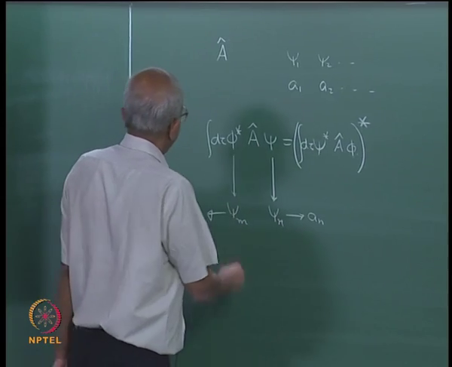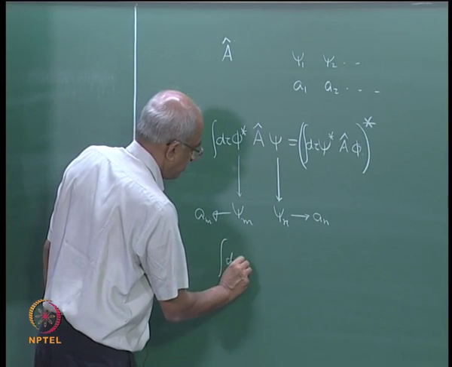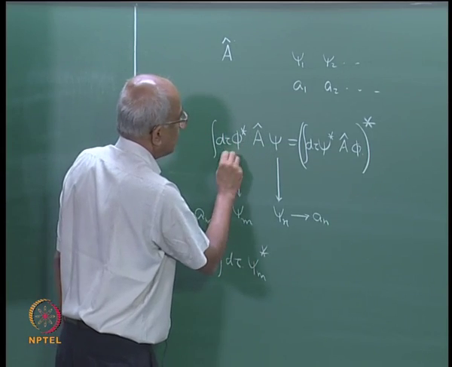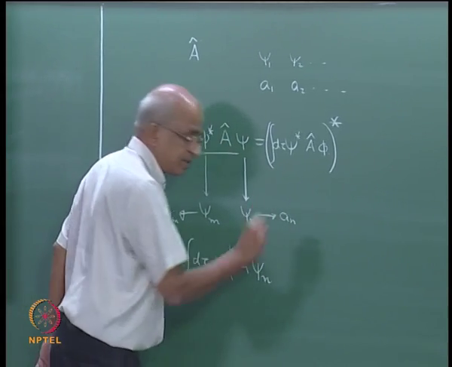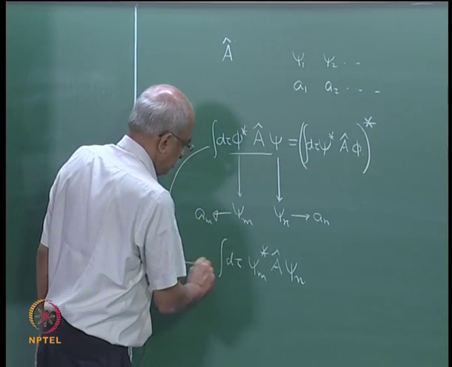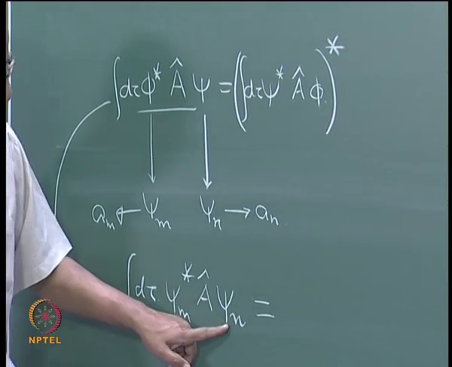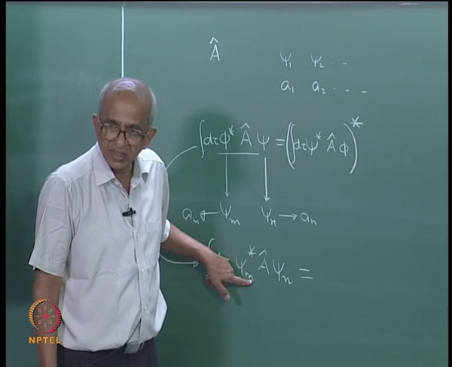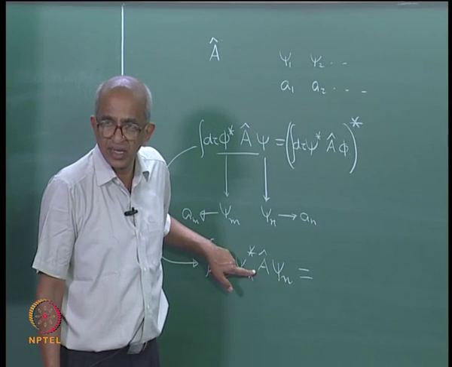So, let me evaluate the left hand side of this equation. The left hand side is going to be the integral d tau psi m star, A operating upon psi n. And if you look at this expression, A is operating upon psi n. Psi n is an eigenfunction of this operator. So, the result will be psi n multiplied by the eigenvalue a n.